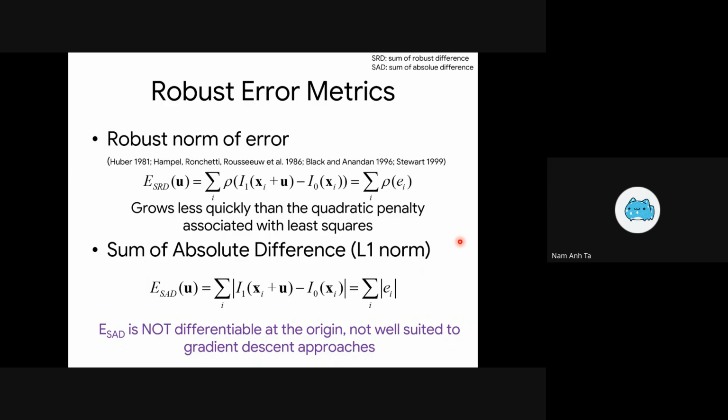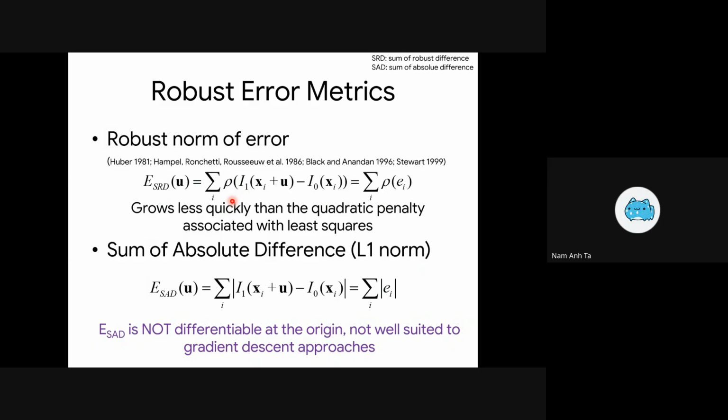To fix this, we need a robust error metric. First, look at SRD, or sum of robust differences. Instead of squaring errors as we usually do, we pass them through a robust function called rho, the Greek letter that looks like a p character, but it's not a p, it's rho.